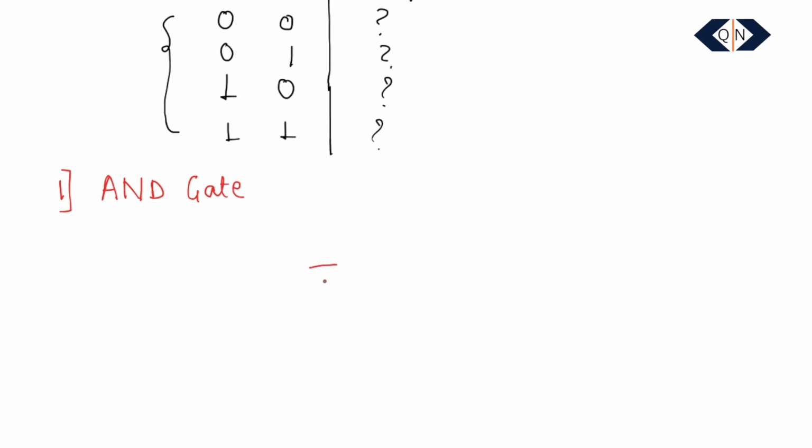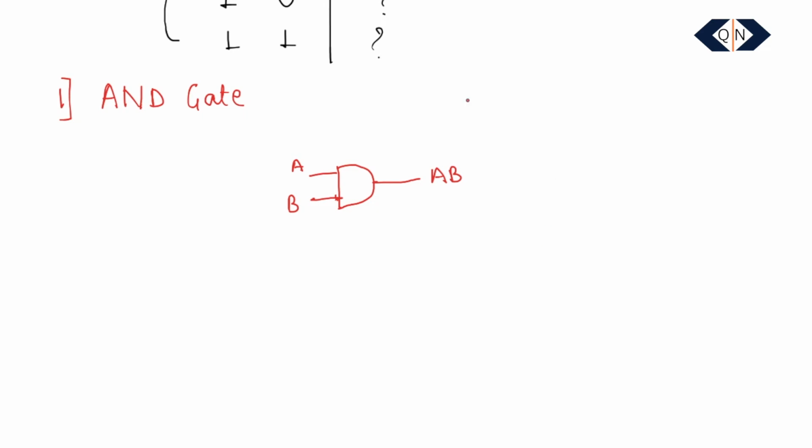We know that there will be two inputs and our gate diagram will be like this, with a single output. So this is A, this is B, and we are writing it like A, B. Now let's draw the truth table of this AND gate. So we have A and B and output.